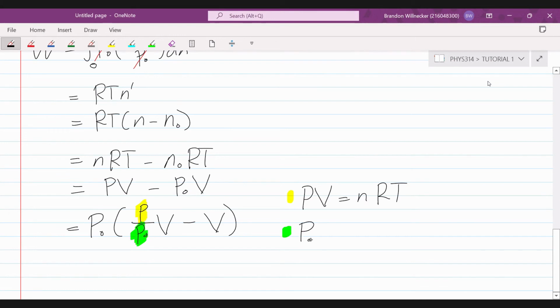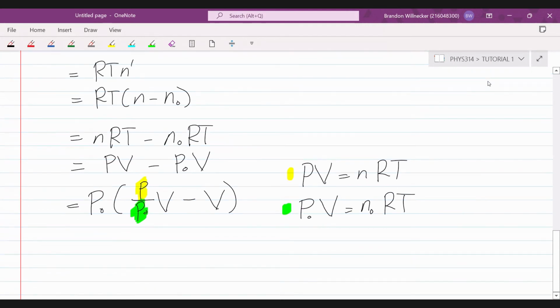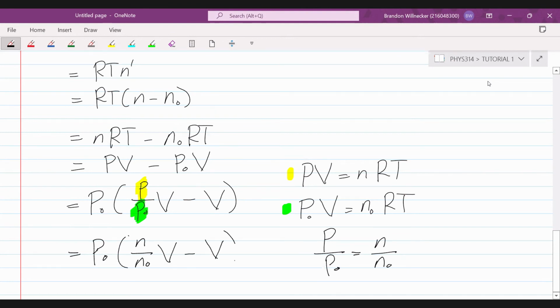P naught V is N naught RT. Now we want P over P naught. So we can just divide the two equations and we get that P over P naught is equal to N over N naught. So we're going to get P naught, N over N naught times V minus V.